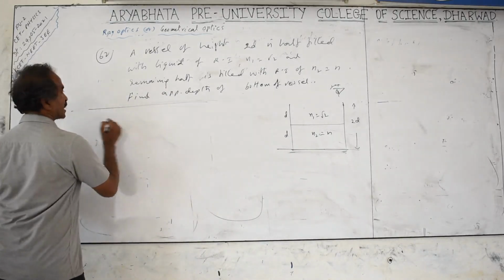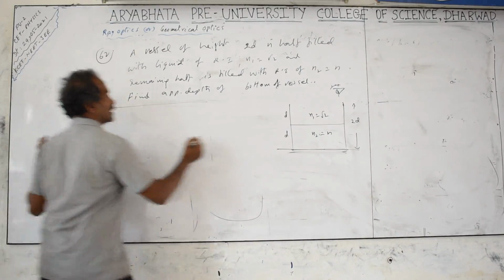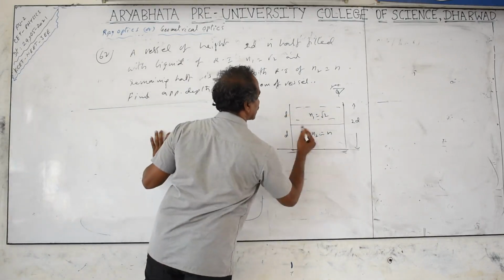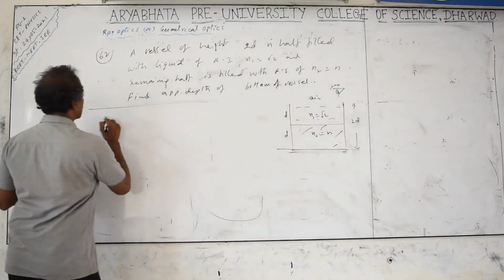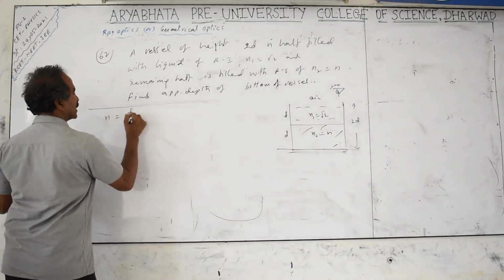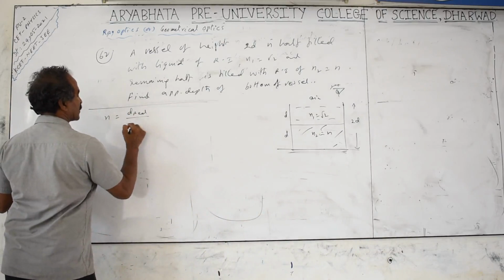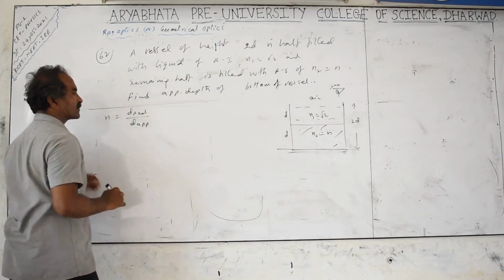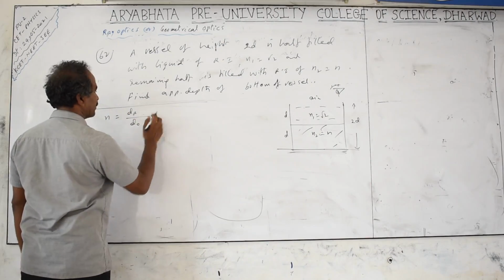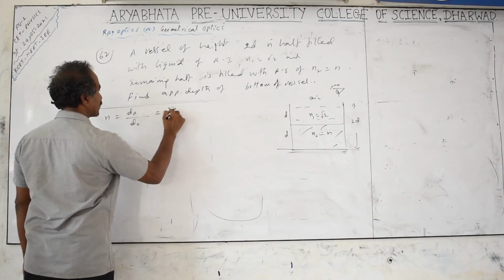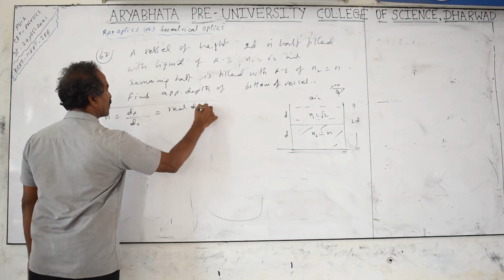Here the refractive index is observed in the air. n is equal to real depth by apparent depth, so apparent depth is equal to d real by n.